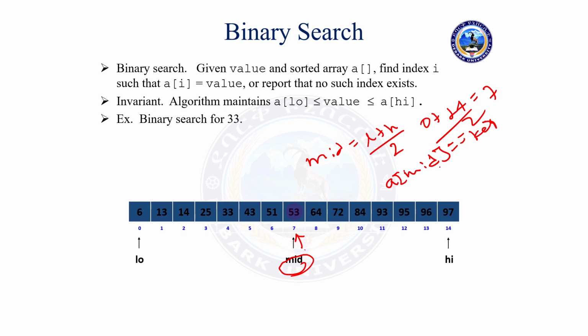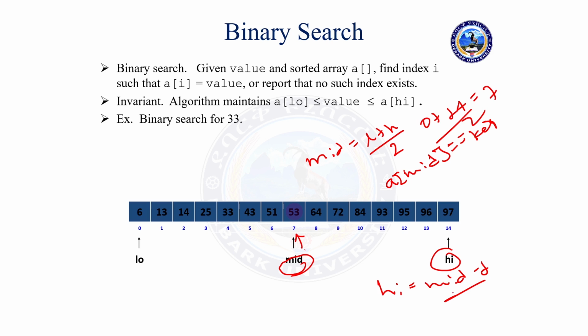If this is not true, we have to check whether A of mid is greater than the key or not. Here, 53 is greater than 33. So we have to set high equal to mid minus 1. We have to move the index of high to the mid minus 1 position.